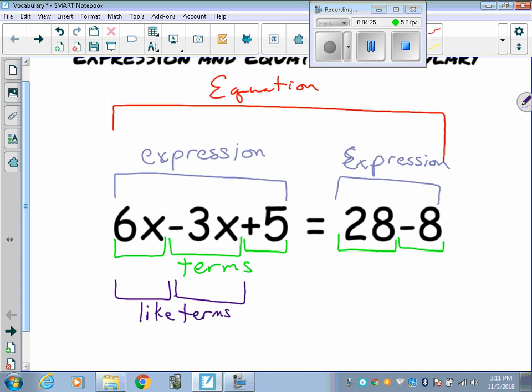Okay, so as we did in class, I would probably do something like draw a circle around each one if you're combining them and so on. Also over here, these two here are also like terms because they're both numbers. And maybe one of you knows exactly what else we're going to call them here in just a little bit. So those are the like terms.